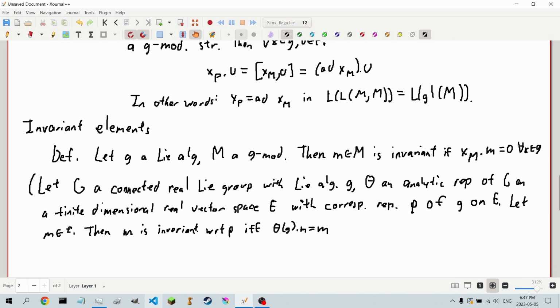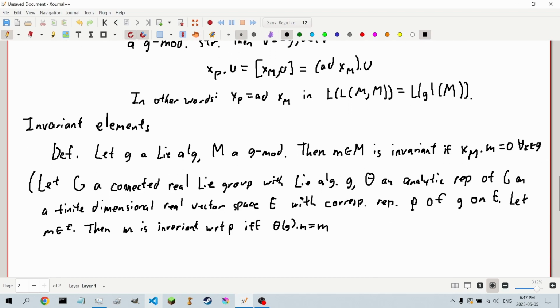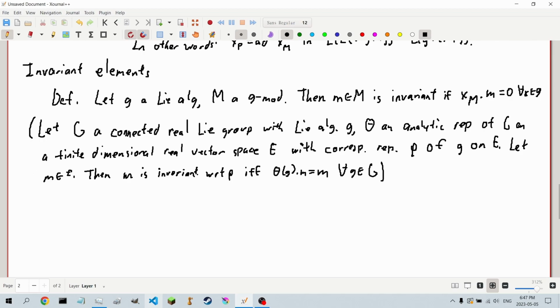It is no speed, essentially, for all g in G. And this is why it's called invariant, because the kind of map that this is the derivative of is constant, so this is 0, loosely. Now let's look at an example.